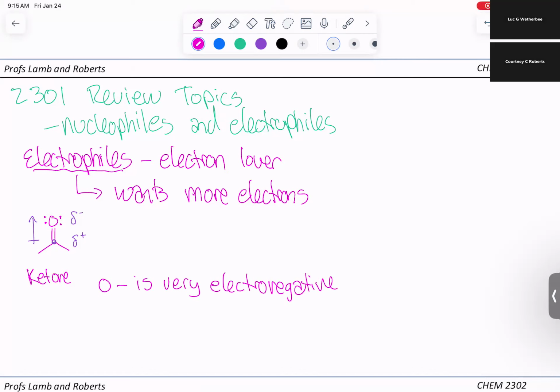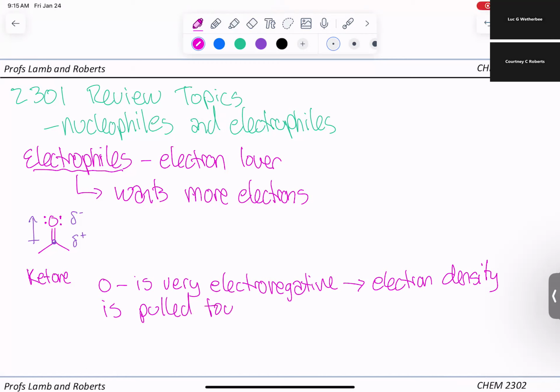And so that means the electron density is pulled towards it. All right, so it's pulled toward the oxygen, which leaves the carbon electron deficient.